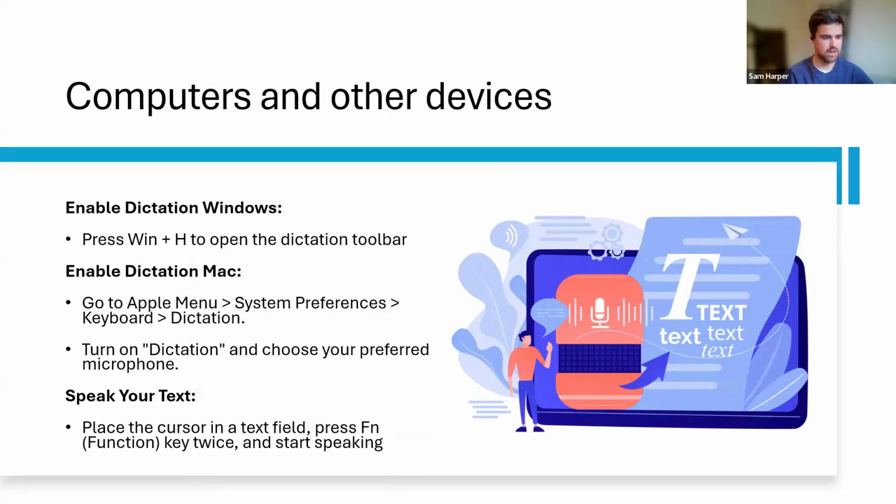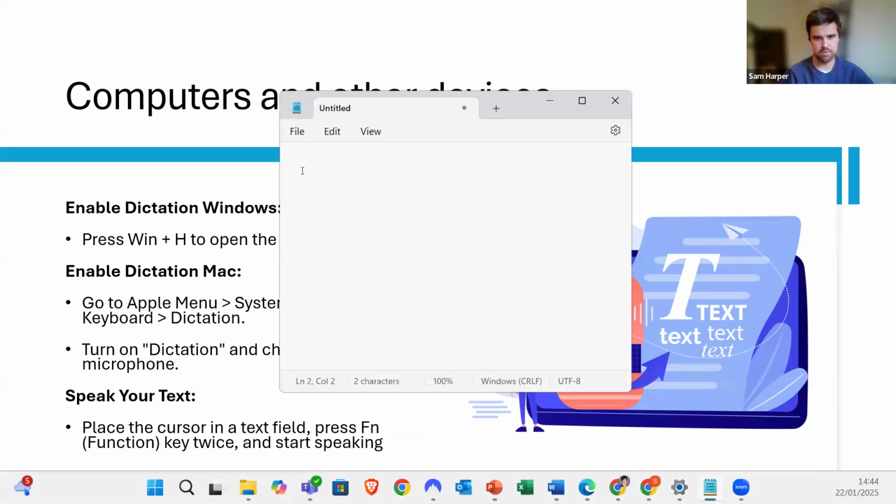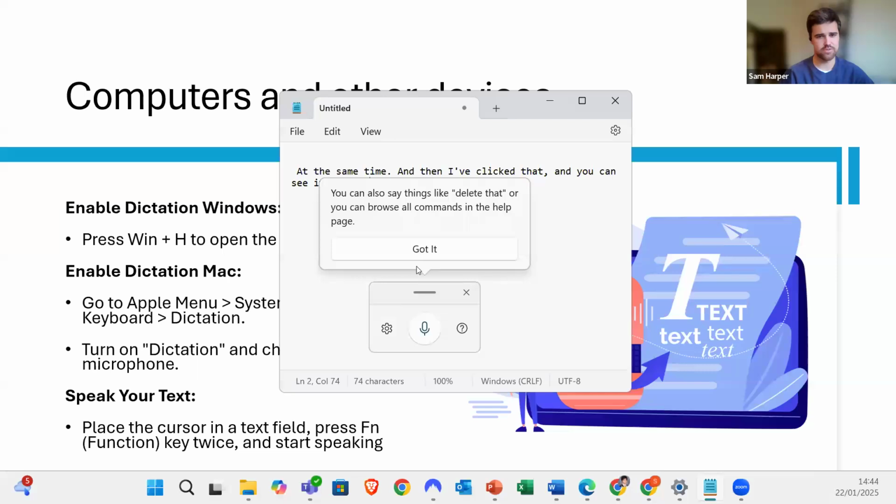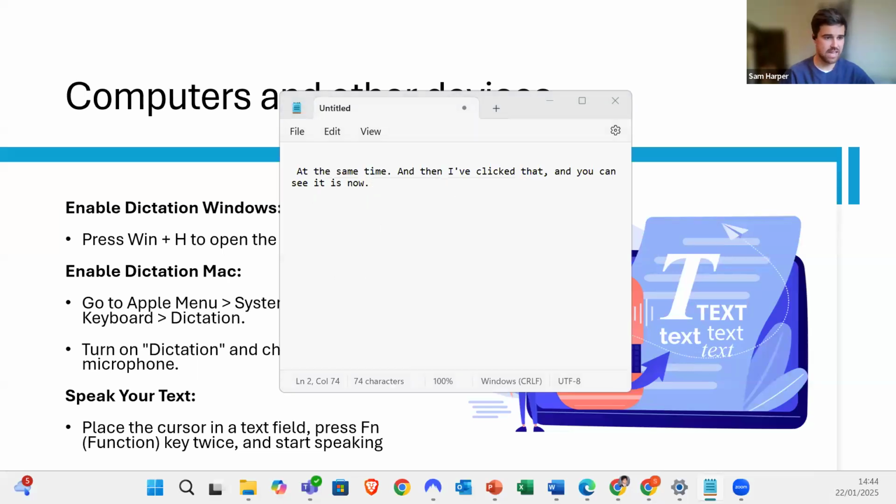Now, as I say, I can use this in anything. So if I bring up a notepad, I'll show you, for example. So I've got my notes on here. Now, if I hit Win and H at the same time, and then I've clicked that, and you can see it is now typing up exactly what I'm saying on my screen. So I've just turned it off again. Now I can also do that in any box.